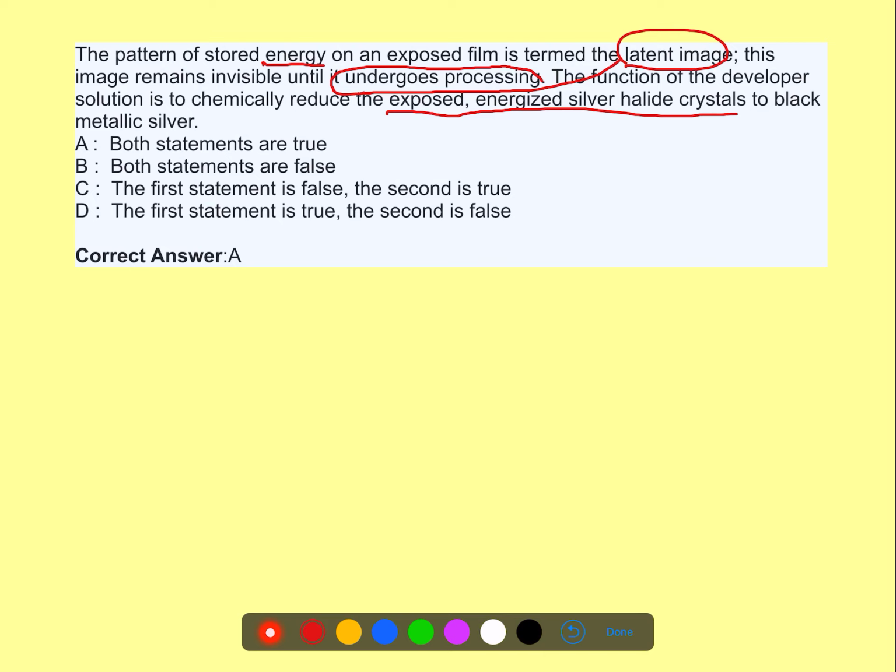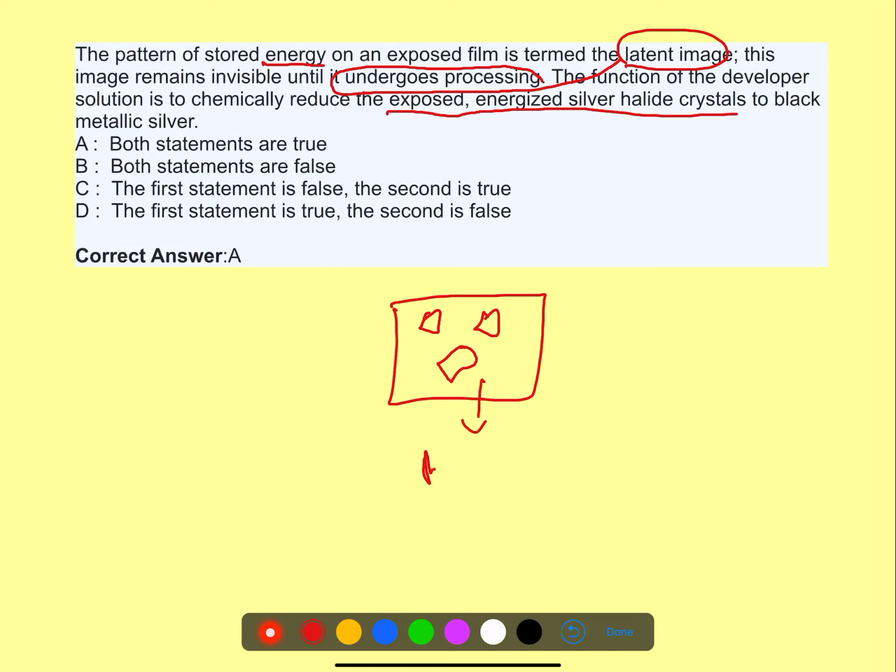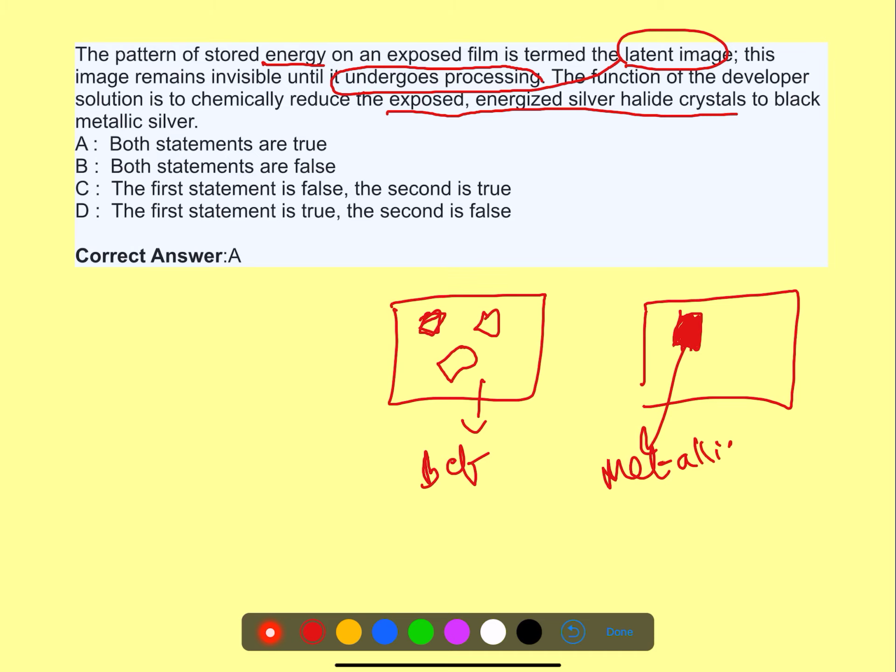Yes, before processing, if you place the silver halide crystals into the developer, they are converted into metallic grains.